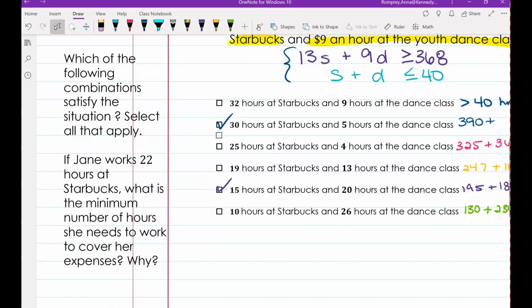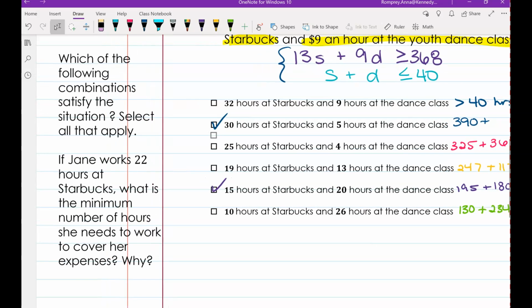It says if Jane works 22 hours at Starbucks, what's the minimum number of hours she needs to work to cover her expenses and why? Which inequality am I going to be using? Remember, we need the minimum number of hours to cover her expenses. That was $368 as her expenses.